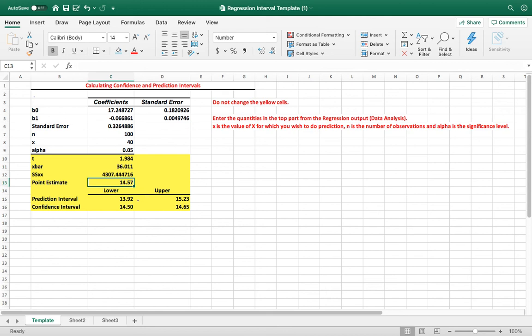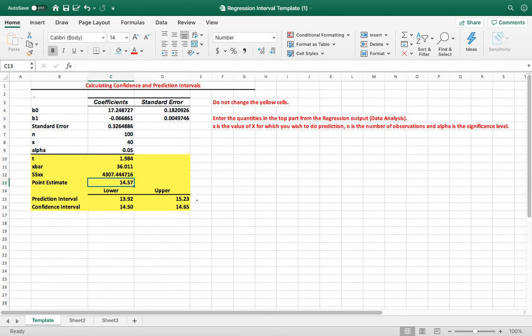So the prediction interval says that for that specific individual car that has 40,000 miles that he was thinking of bidding on, the car is going to be worth, as a point estimate, $14,570 or thereabouts, and a range for the value of that individual car is $13,920 up to $15,230.